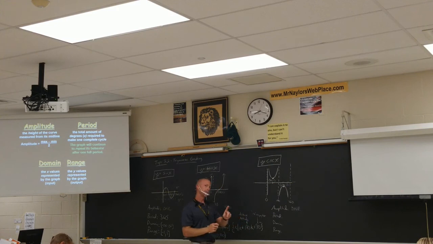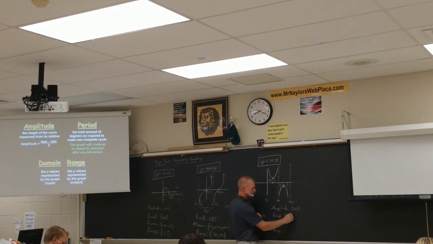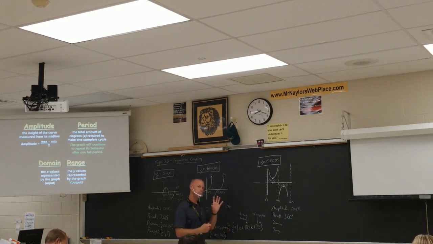I need both to be able to see the whole graph. How much x is required to see the positive and negative? You can see that the asymptotes are helpful. But I need 360 degrees to go through a positive and a negative.